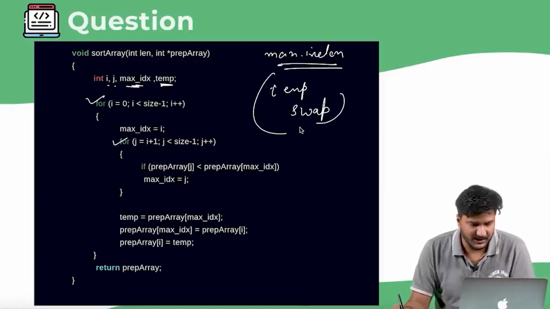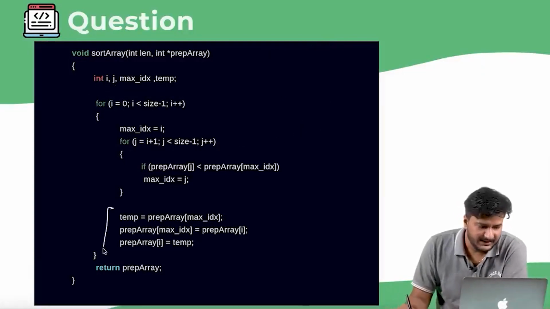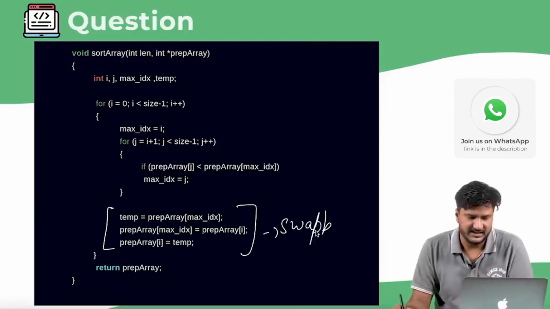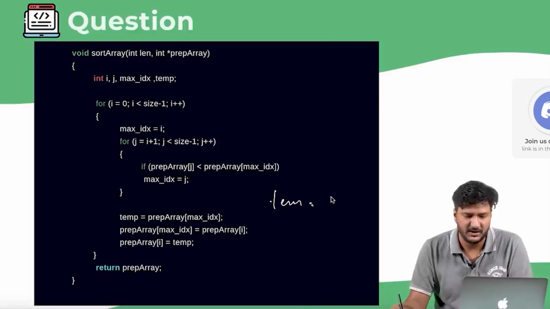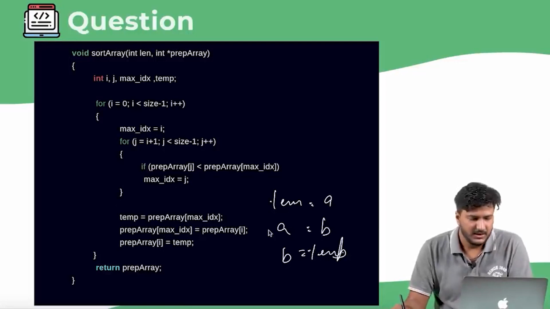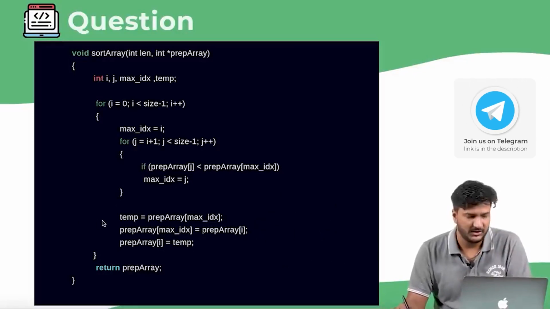In this question, this part is used for swapping, right? So temp is equal to a, then a is equal to b, and then b is equal to temp, right? You can compare it with this, it will come the same way. So there's no issue in this.